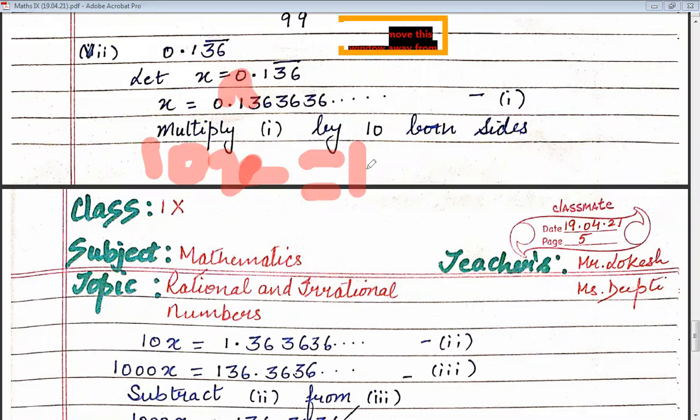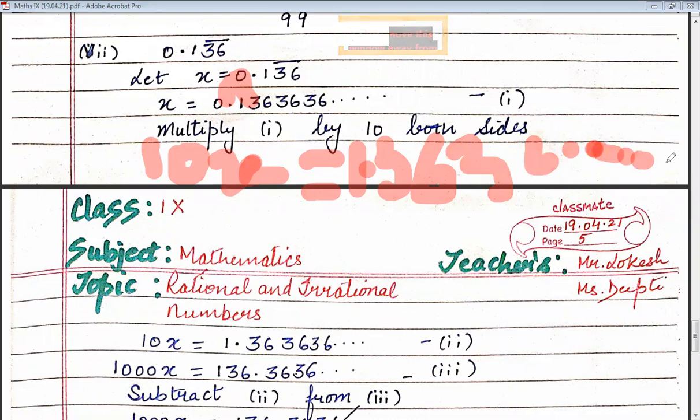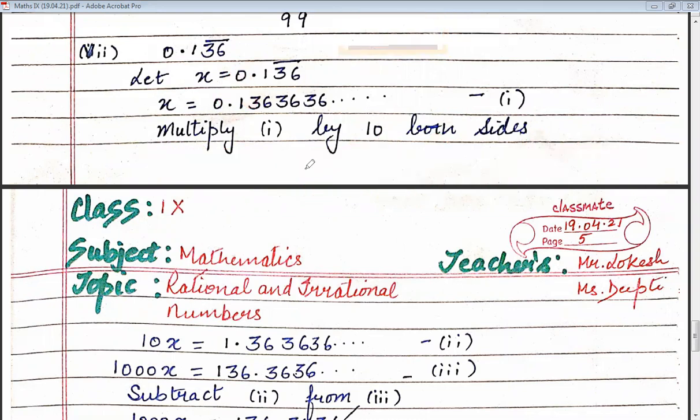So your answer is 1.3636 and so on. Because you have multiplied, it will shift one place. Still you can see that here the decimal places are 1363636, and here the decimal places are 363636. They are not the same.